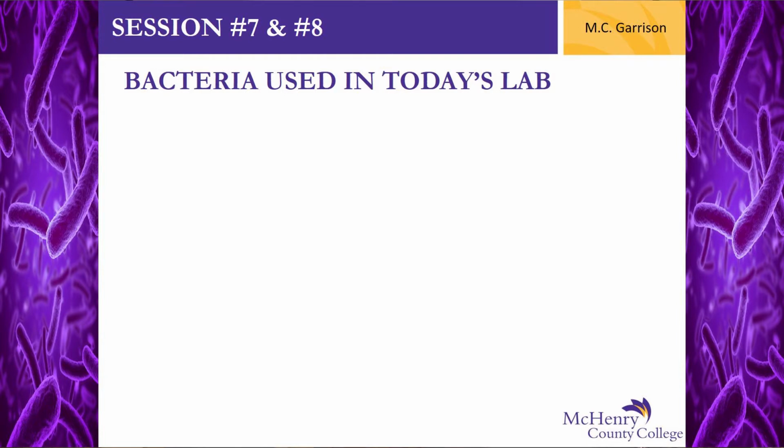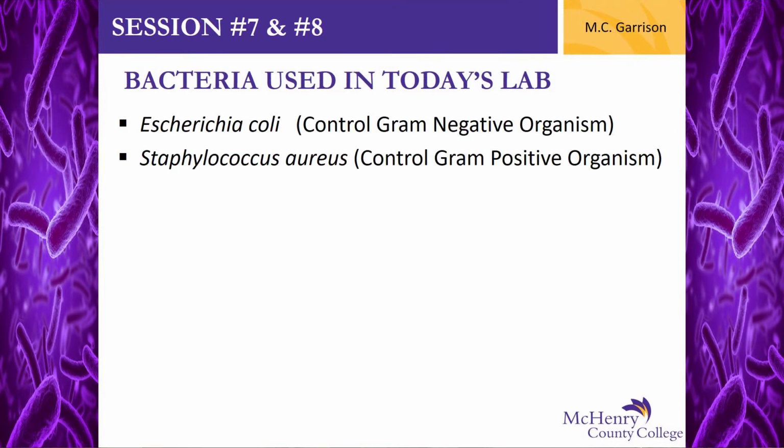I know we have not completed gram staining yet, but basically the bacteria we work with in this class, for the most part, are divided into 2 different gram stain groups. It's based on their cell wall structure, and we will consider that later in lecture and in lab. For now, just note that we have a group of bacteria we work with that are called gram-positive bacteria, and we have a group that we work with called gram-negative bacteria.